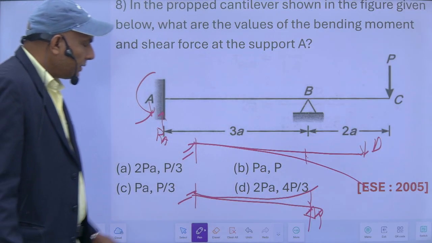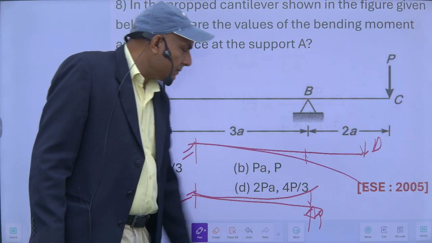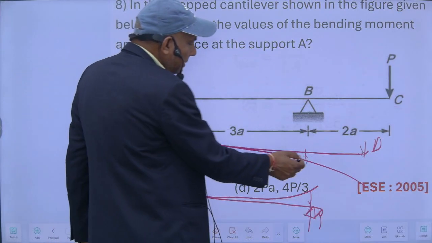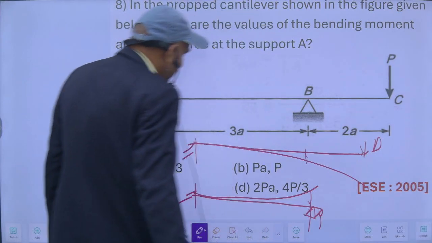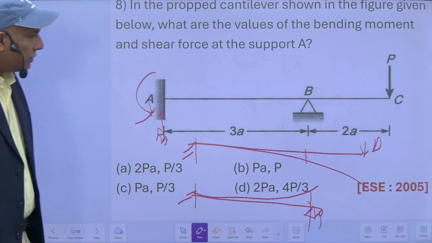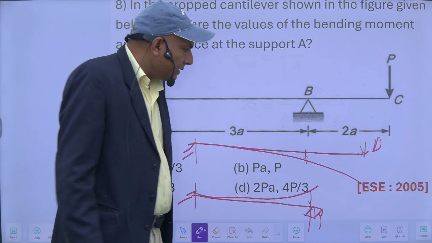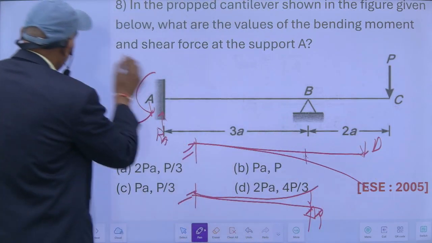And what is the value of the deflection at this point? The load is applied at this. So deflection at this point, as per Maxwell reciprocal theorem, if I have to find the deflection at this point, load is acting at this.